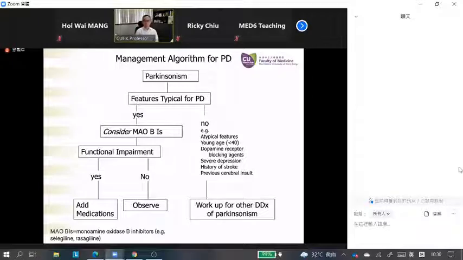Okay. And then I will give advice. You can play Tai Chi, do aerobic exercise, not overdo exercise, okay? But some exercise is good. Anyway, so if the disease continues to progress, I will advise all this, but I will ask whether the Parkinsonian symptoms affect the patient's daily functions.